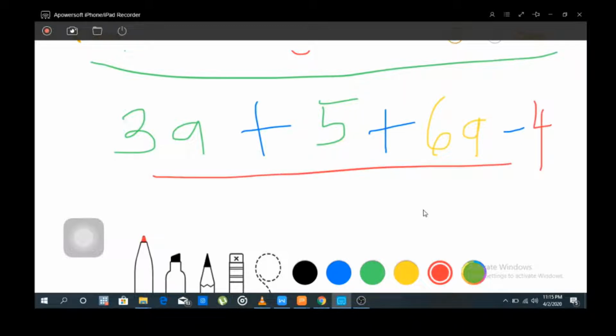This whole thing we said is an expression. Just a quick recap. We've done this in our lesson 1. So we said this whole thing is an expression, an algebraic expression.